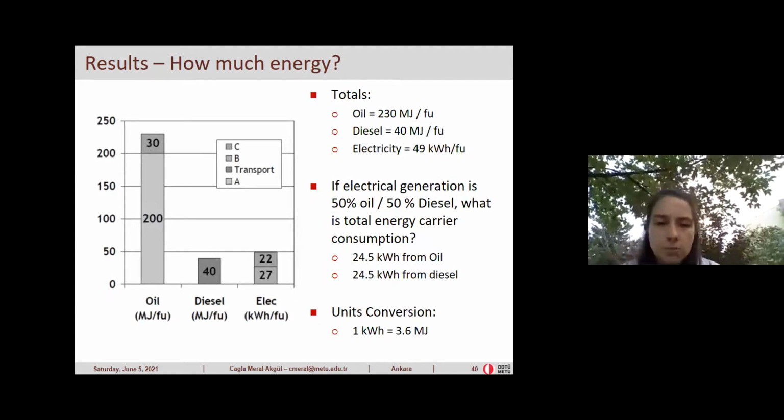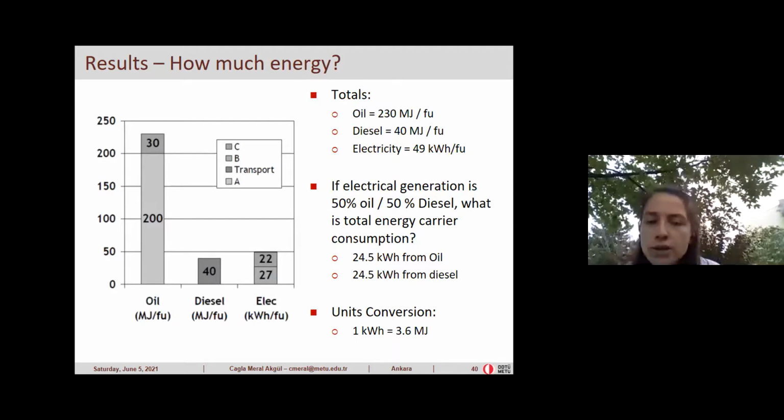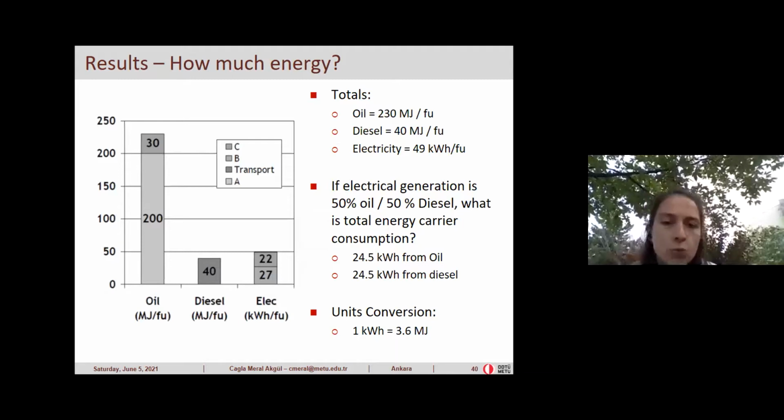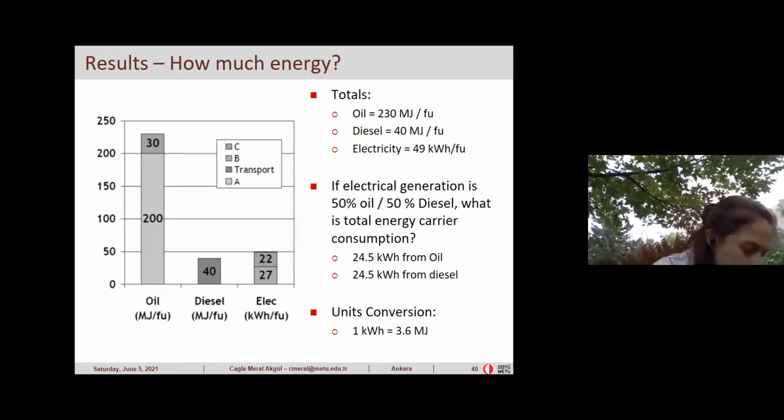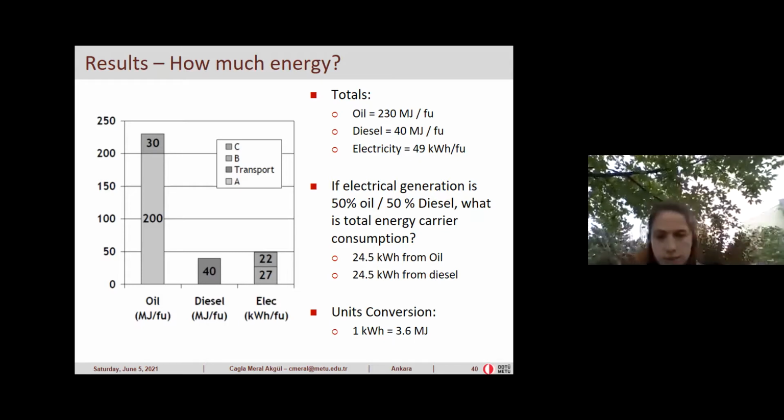And this is the energy part. So we use oil, diesel, and electricity in different stages. Overall, we use 230 megajoule oil, 40 megajoule diesel, and 49 kilowatt hour electricity to produce one product P. If electricity generation is 50% oil, 50% diesel, you need to think about how you produce electricity too. If you want, produce electricity from hydroelectric, or from solar.